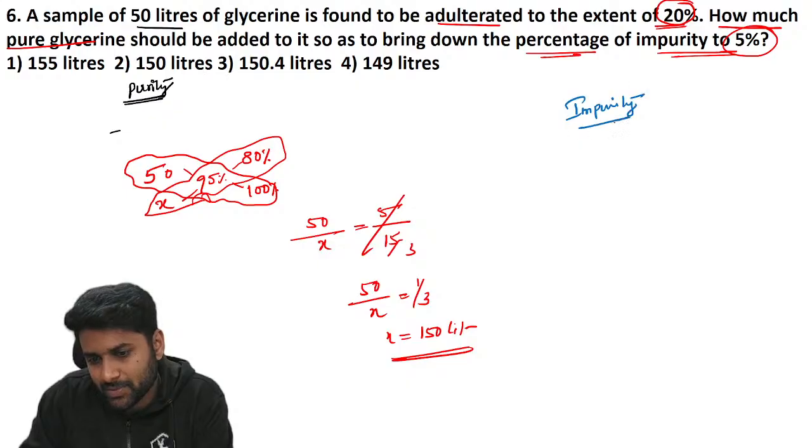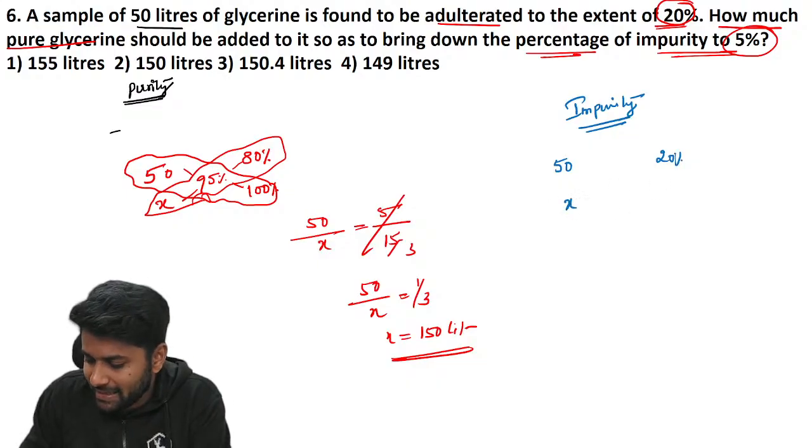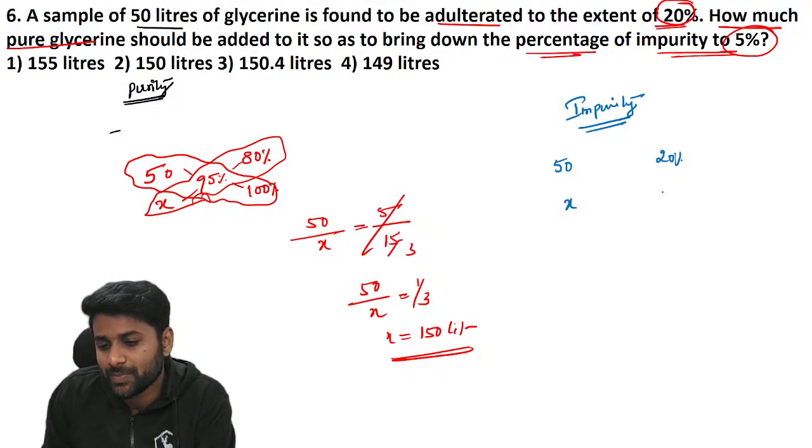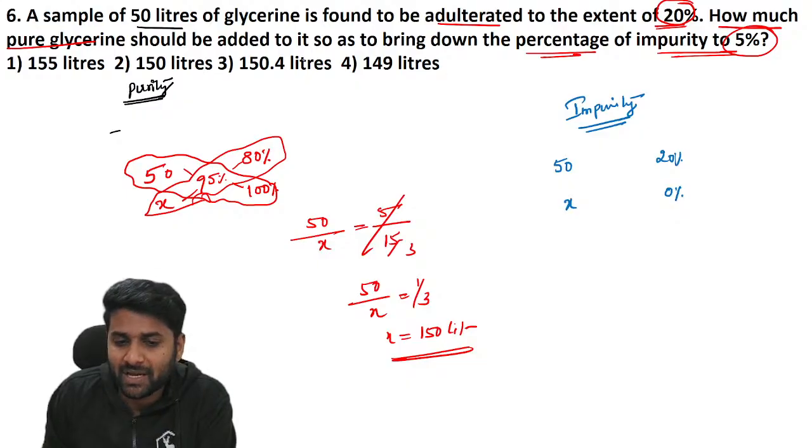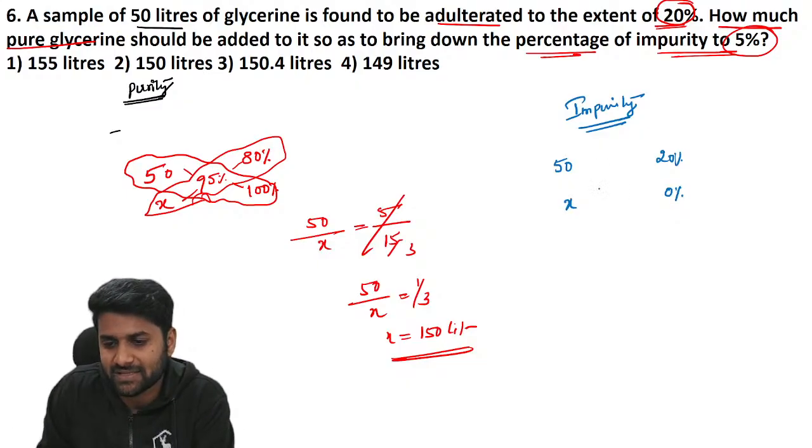So what is the impurity case? Initially for 50, what is the impurity value? 20%. Now they clearly mention that we are adding X liters of pure glycerin. So how much impurity is there? Just 0%. So because of the pure glycerin we are adding to the 50 liters of glycerin, the impurity goes to 5%.